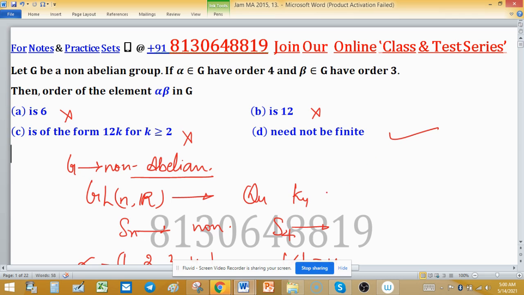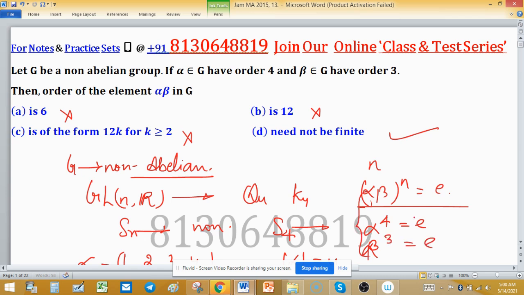When the order is finite, it means we have to find some positive natural number n for which alpha beta raised to the power n is identity. This is the meaning of it. As the order of alpha is given as 4, alpha raised to the power 4 is identity, and beta raised to the power 3 is identity.